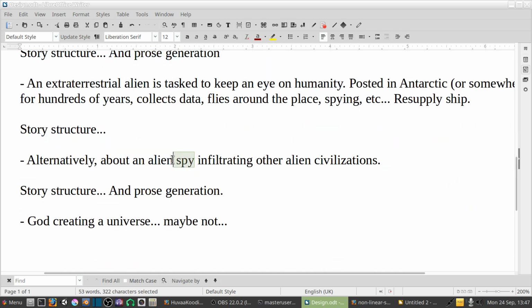So this idea with a spy, and it could be an alien spy. It could be about alien civilizations. Because this, once again, it's one of the reasons why the creatures in Dimensium Creatorum look like this.